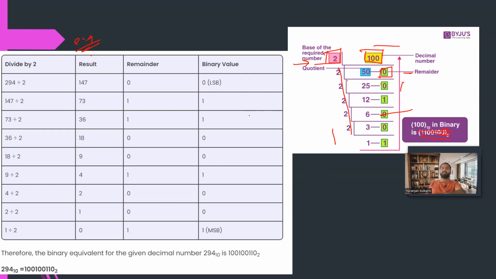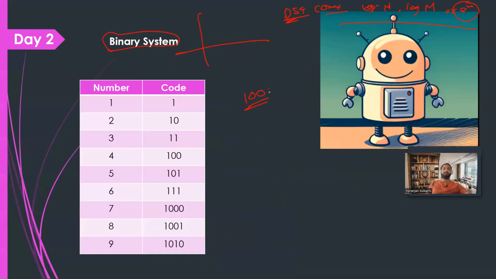Okay, I am able to store it with 6 digits. For 100 I'll need 6 digits. To store 1000, how many digits will I need? I'll just need 7. To store 10,000, how many digits do I need? I need 8.